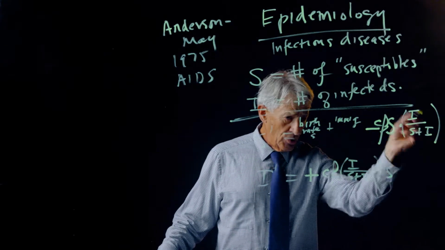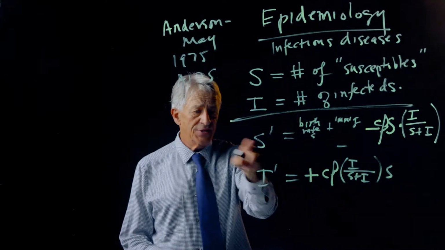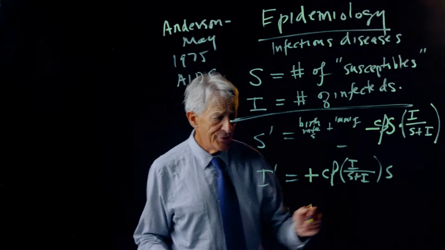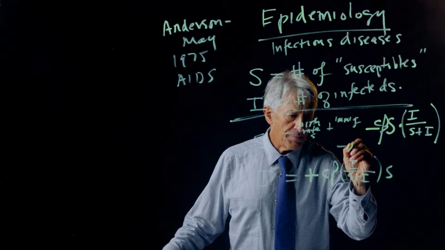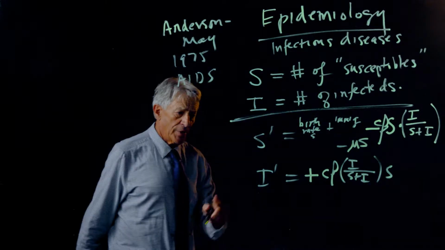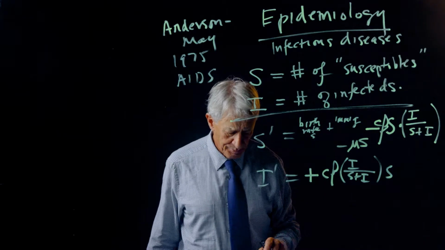We also need to include a natural death rate for the susceptibles. So I'm going to call that per capita death rate mu. And we have a minus mu S in the S prime.